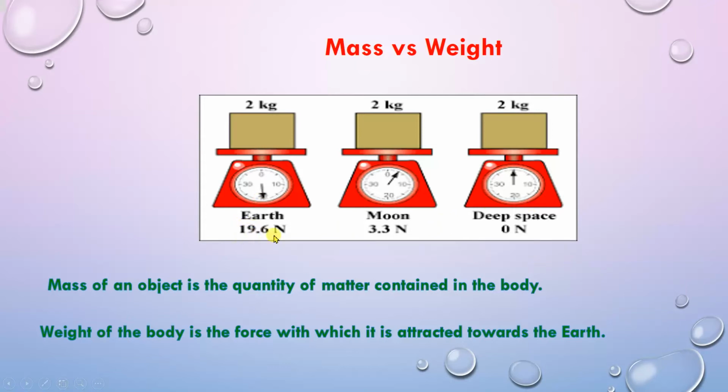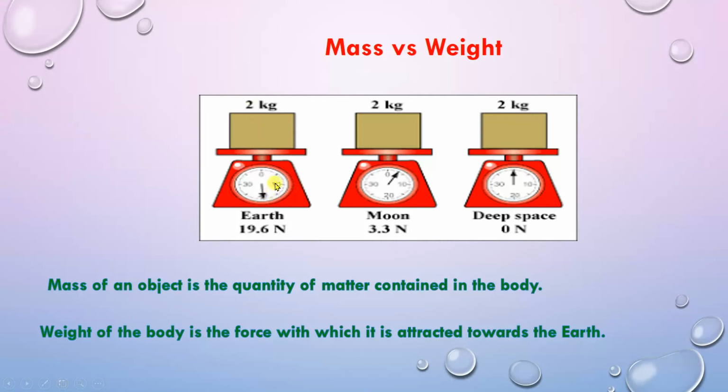For the first it is 19.6 Newton, for the second the weight is only 3.3 Newton, and in deep space the weight is 0. Although the object has the mass 2 kg everywhere, whether it is on Earth, Moon or deep space. So let's explore it. Why, and what are the terms, what are the differences and how it happens.